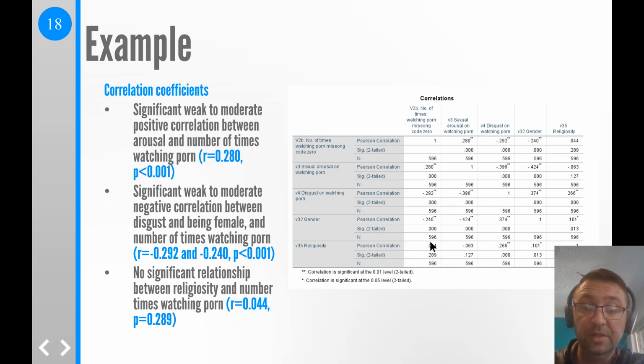Whilst you may have hypothesized that religiosity matters, it turns out that it doesn't. So here we have a Pearson's correlation of 0.04, so tiny, right? And the significance is 0.289, which is way above 0.05, so it's not significant, and it's quite small, so we just ignore it.